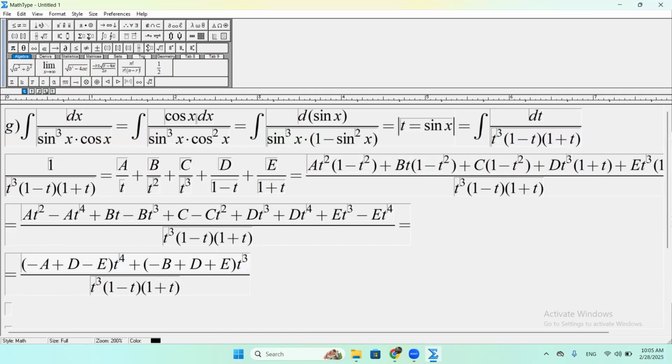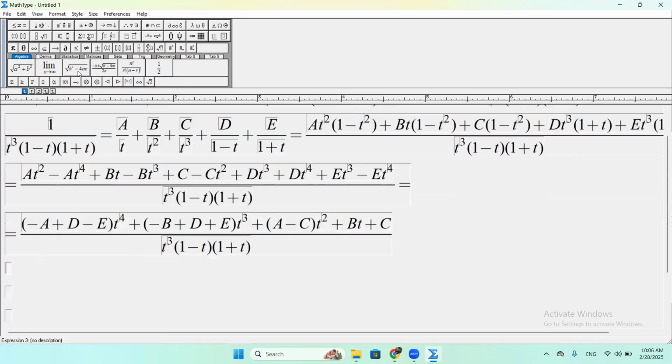Then what about t square? So a minus c, and that's it for the square. And what about power of 1? Okay, just bt. And power of 0, only c.